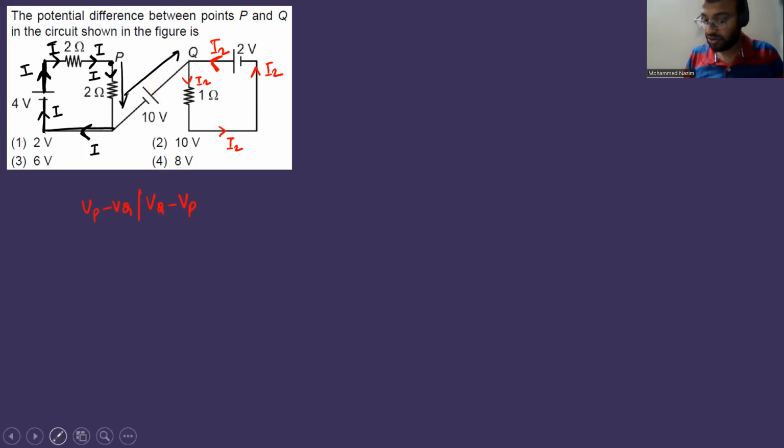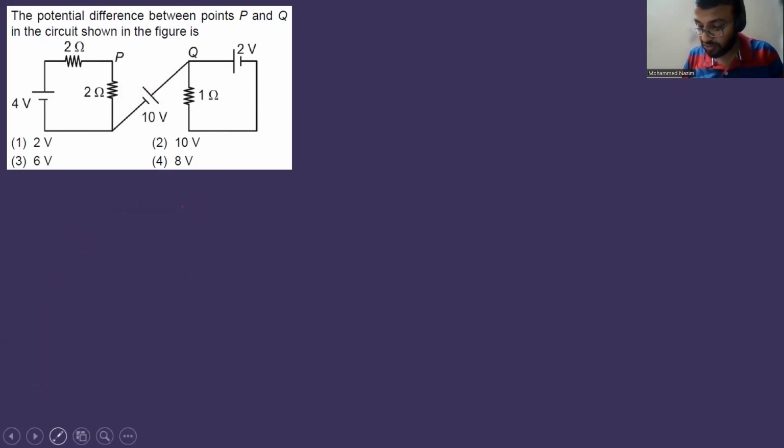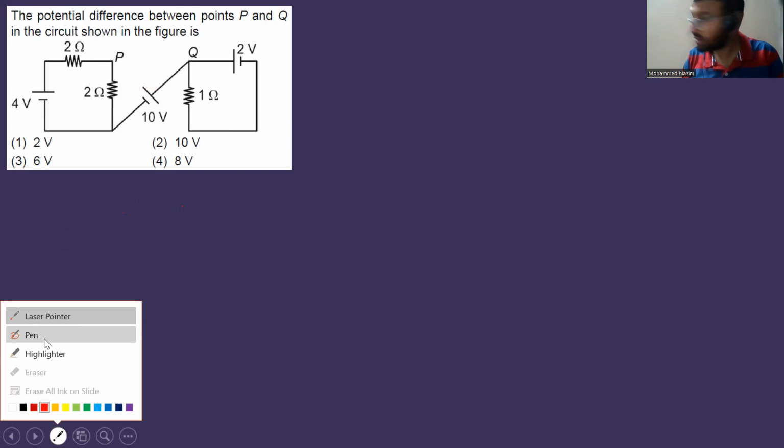So what you do now, you try to move. From where to where do you have to move? You move from P to Q. I'll erase this and I'll try to move from P to Q. Try to move from P to Q and check what you get.